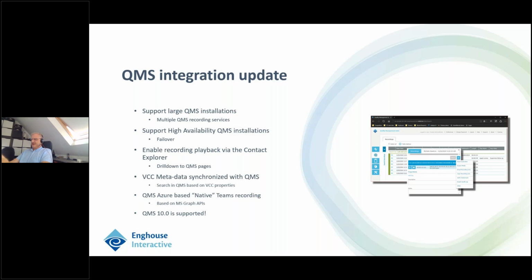There are specific APIs in Azure, in Teams, that allow this, and our QMS solution has used these to build the possibility to record native Teams calls. This is not restricted to the contact center calls, but it's actually an extension recording that you can set up. So you can record any extension in your organization in Teams via this interface.